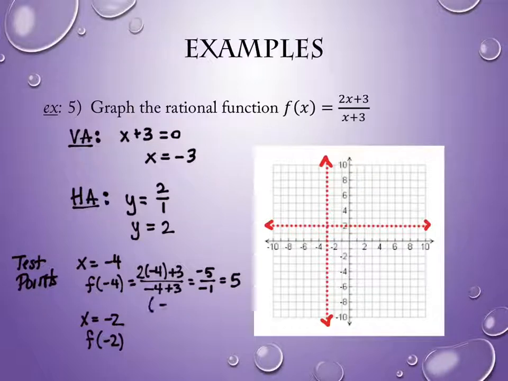So this is the ordered pair, negative 4, 5. So I'm going to plot negative 4, 5, which is right here. On the next one, I'm going to plug in negative 2. So 2 times negative 2 plus 3 over negative 2 plus 3. What do I get on top?